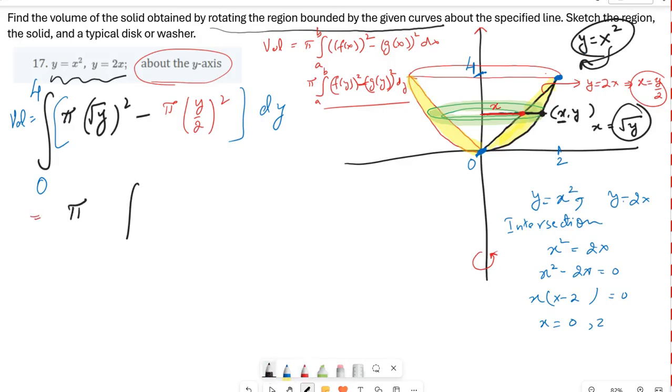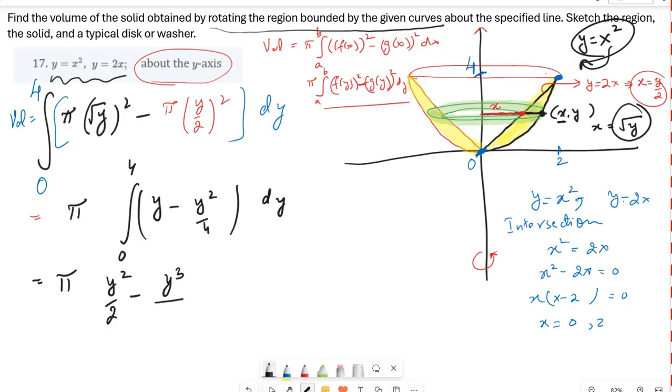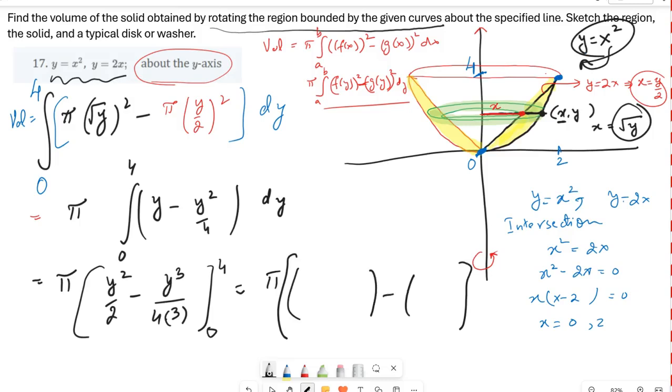Pi can be factored out. From 0 to 4, root y squared is y, minus y squared by 4, with respect to y. Pi is outside. The integral of y is y squared by 2. The integral of y squared is y cubed by 3, and there is already a 4 there. And we have done the integral, so the limits are written on the right hand side. Pi, upper limit minus the lower limit.